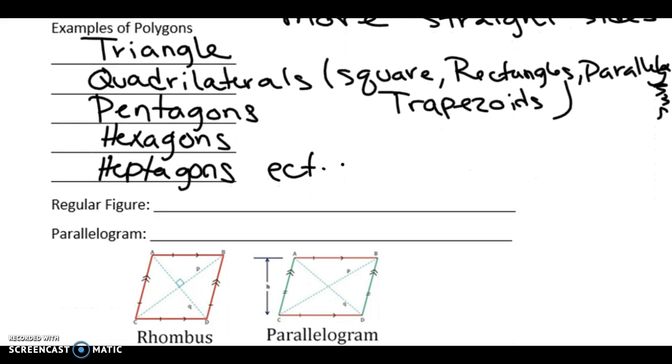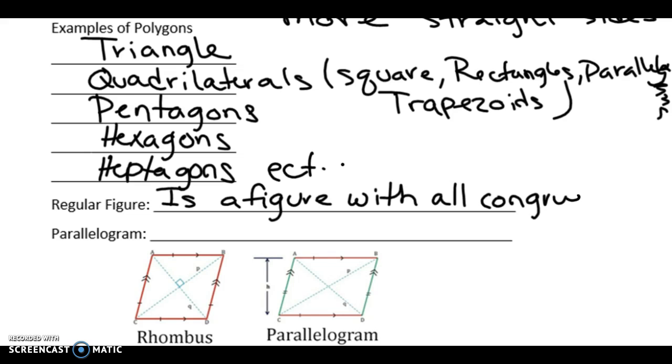When we're dealing with polygons, we have regular figures and irregular figures. A regular figure is a figure with all congruent sides and angles.